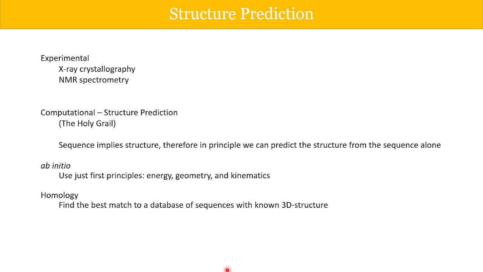Now for structure prediction, experimentally you can go through X-ray crystallography, NMR spectrometry, and cryo-EM. Computationally, there are many systems nowadays, like AlphaFold I was mentioning. Sequence implies structure, so in principle we can predict the structure from the sequence alone.